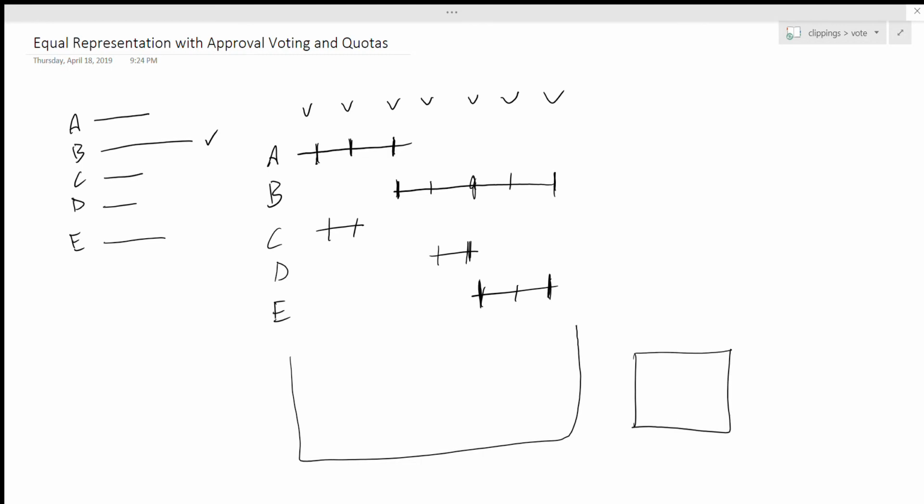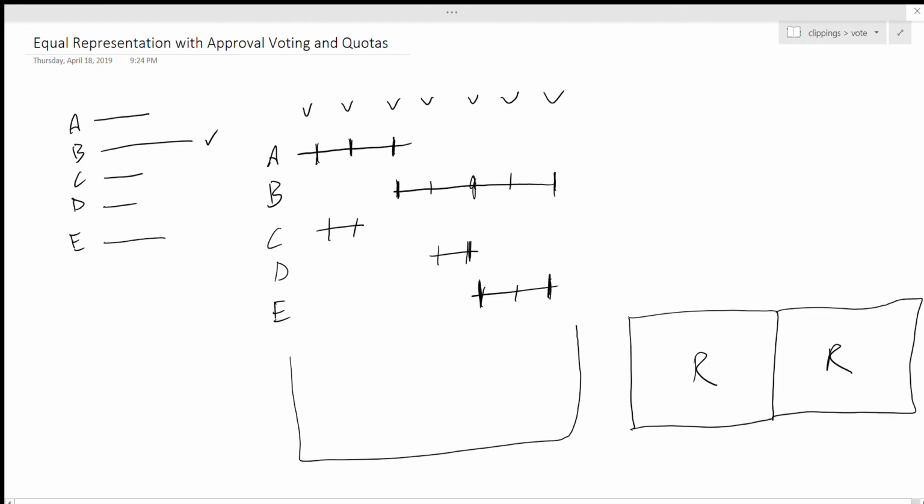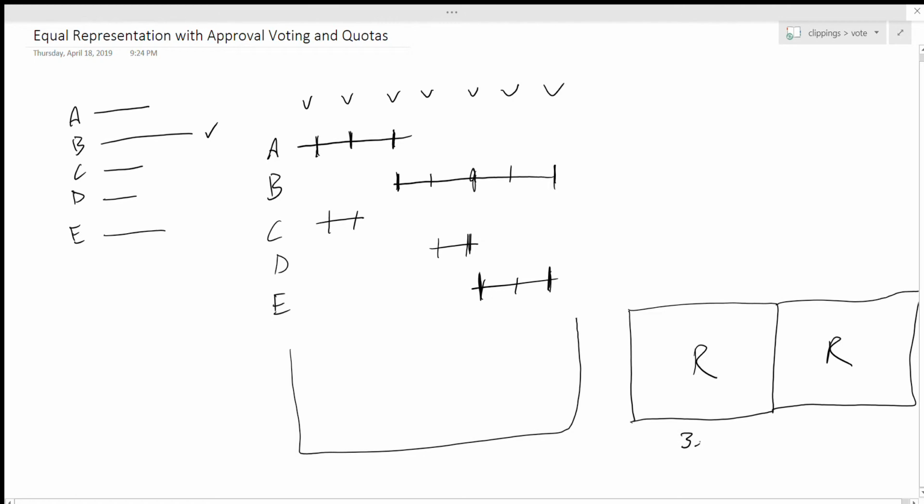If there are 2 candidates, then 2 blocks should cover the whole quota bucket, so 3.5 people each, because there's 7 up here.